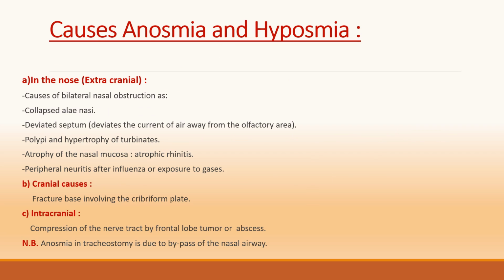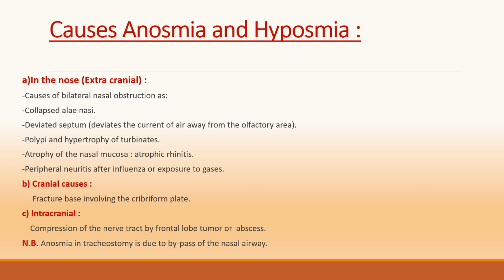Causes of anosmia and hyposmia. In the nose, extracranial, causes of bilateral nasal obstruction such as collapsed ala nasi, deviated nasal septum, polypi, hypertrophy of the turbinates, atrophy of the nasal mucosa, peripheral neuritis after influenza or exposure to gases.